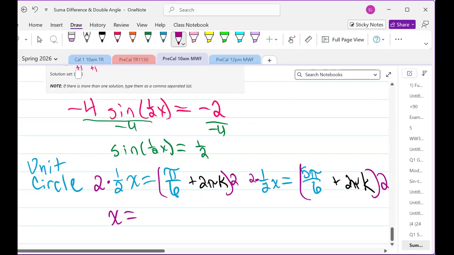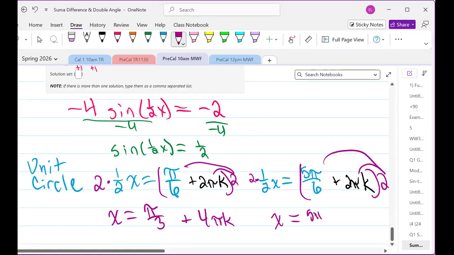So pi over 6 times 2 is 2 pi over 6, which becomes pi over 3, plus 2 pi k times 2 is 4 pi k. Then 5 pi over 6 times 2 becomes 5 pi over 3, plus 4 pi k.